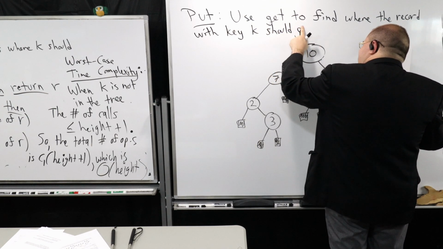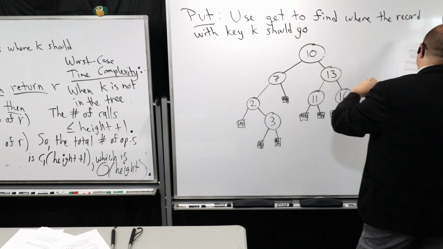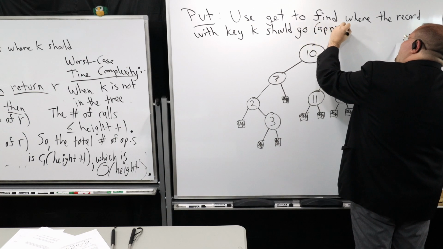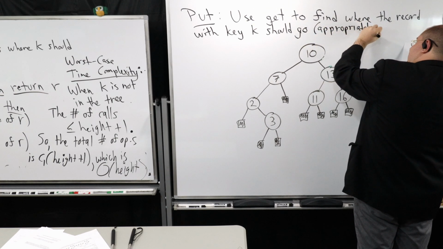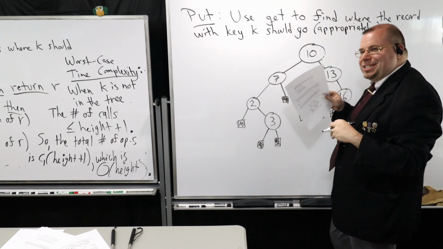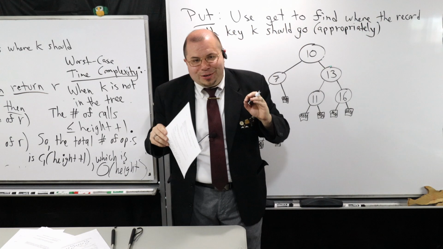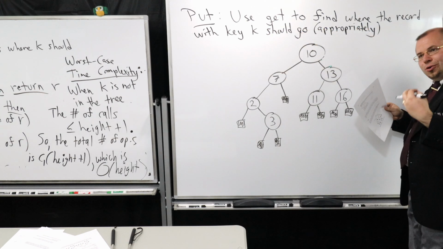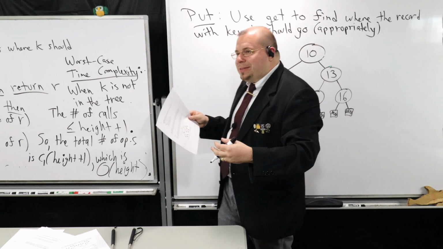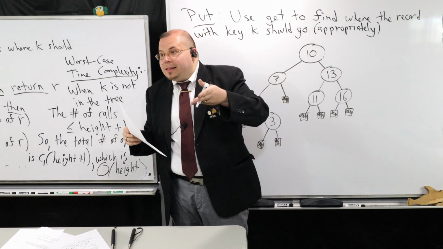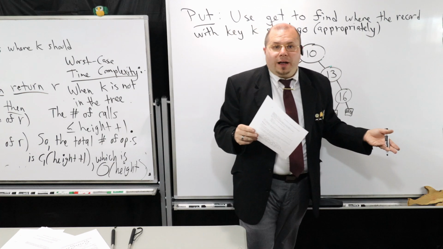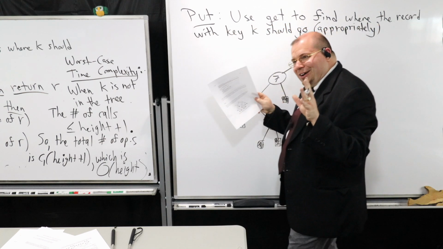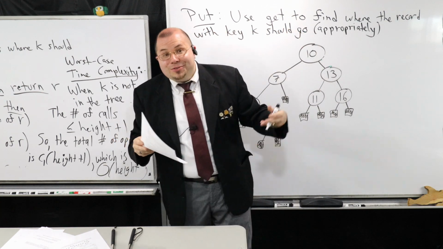And I'm going to say appropriately, because remember, this is supposed to be for an ordered dictionary. We're not allowed to put duplicate keys in this dictionary. Now the cool part about this is that we know that our get operation will tell us if we're at an internal node or a leaf node, right? So the fun part is that it also gives us a mechanism to know if we run into a duplicate key or not.